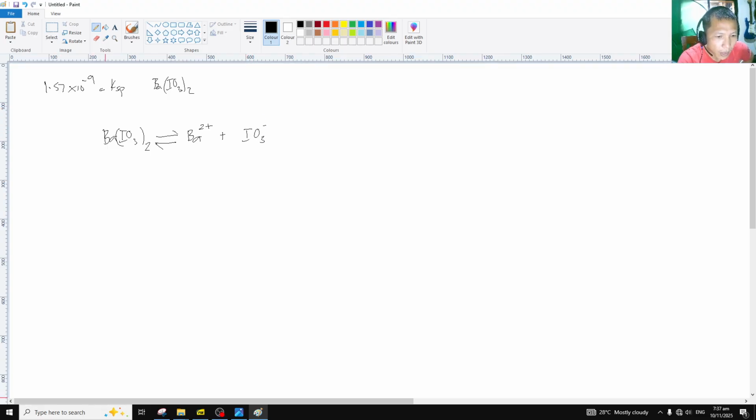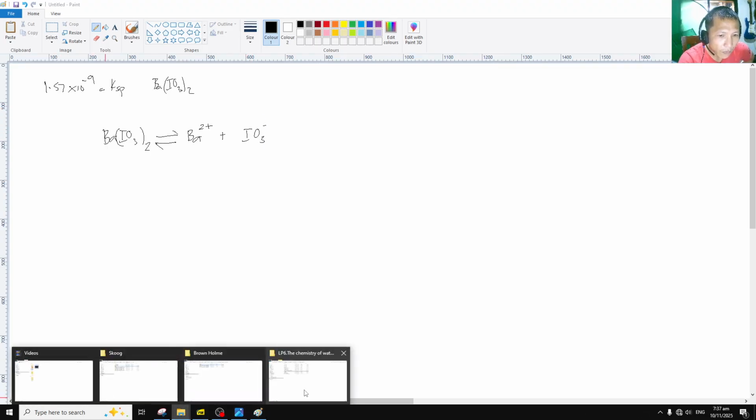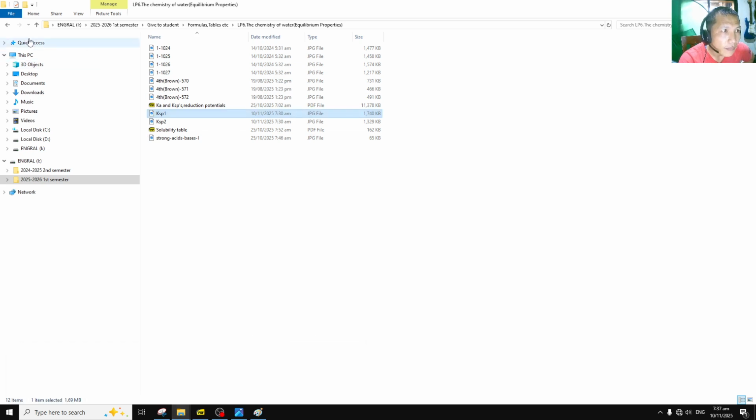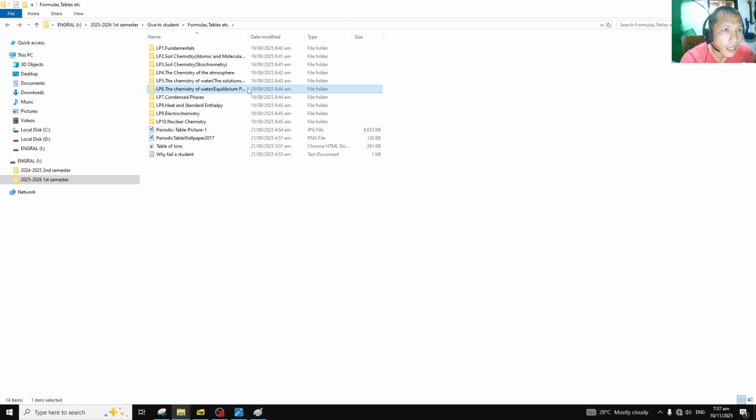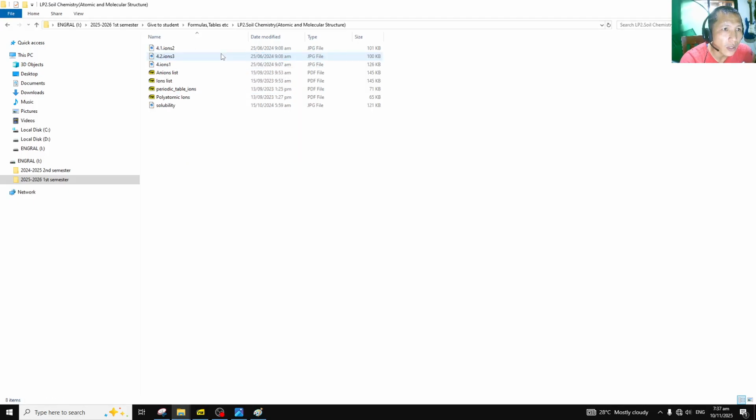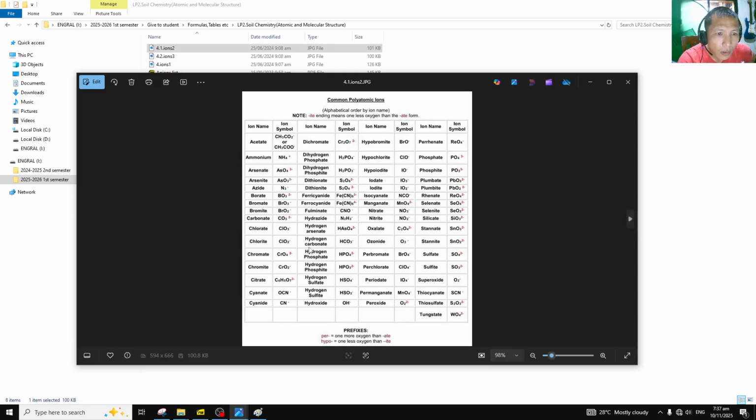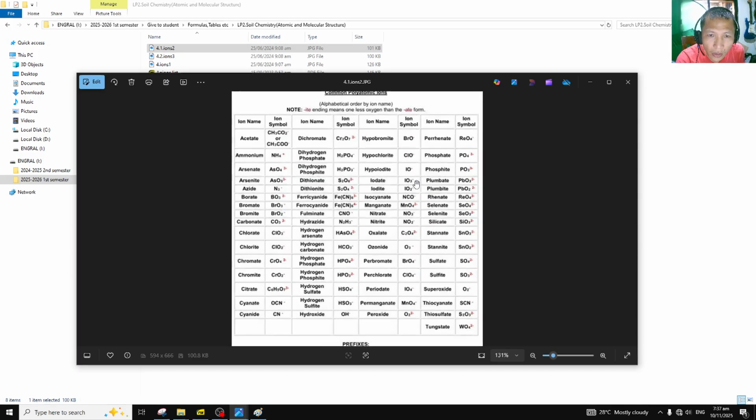And maybe we can look back to our table of solubilities. It is here in the atomic ions. So, barium iodate. Start with iodate. Here.